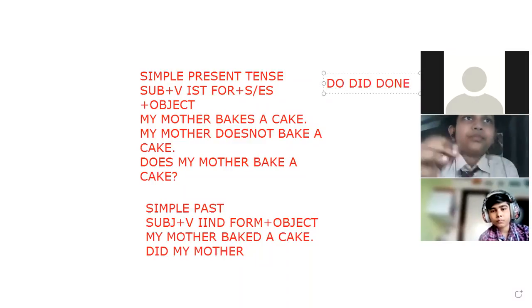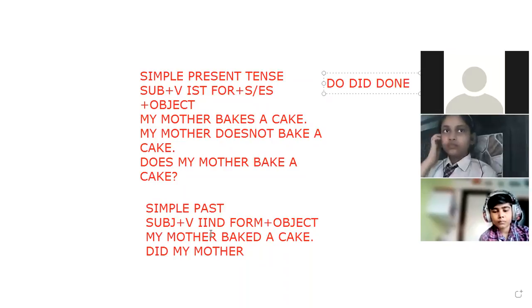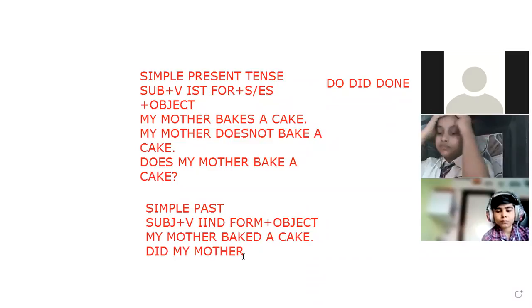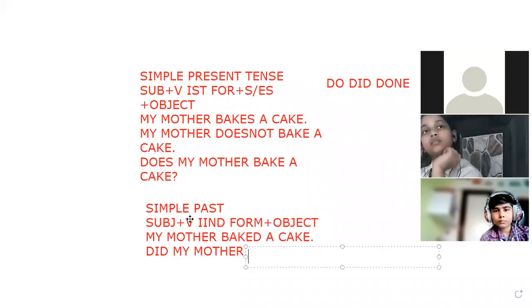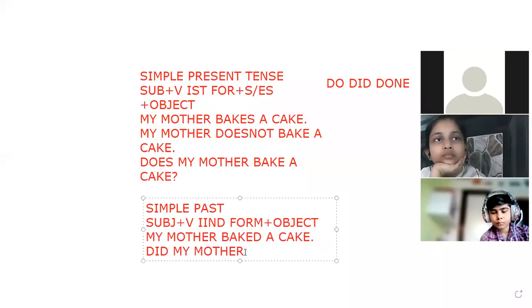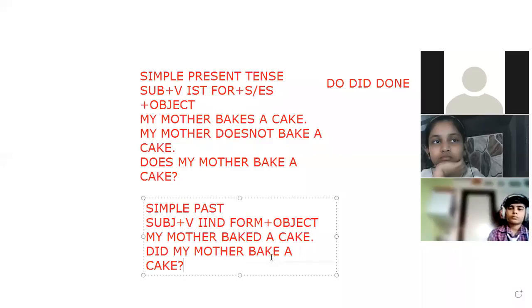So did is already a second form, so we will not use the second form again. It will remain bake. Did my mother bake a cake? And we put a question mark.